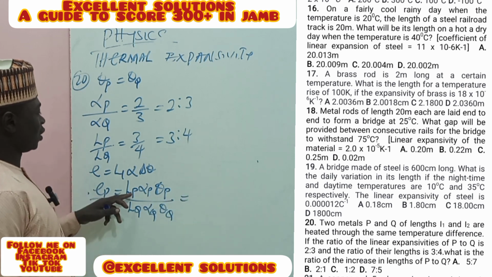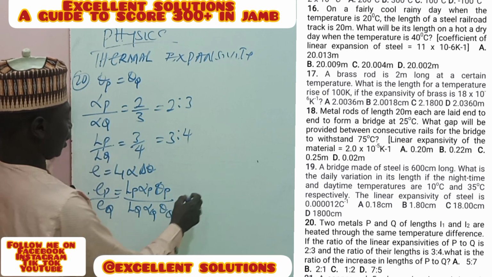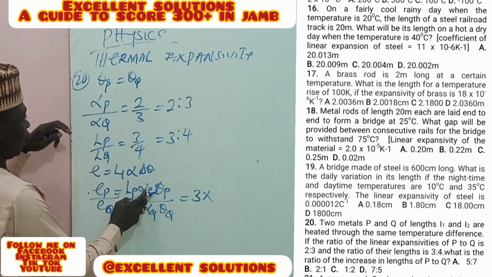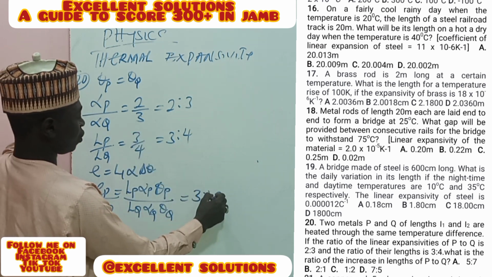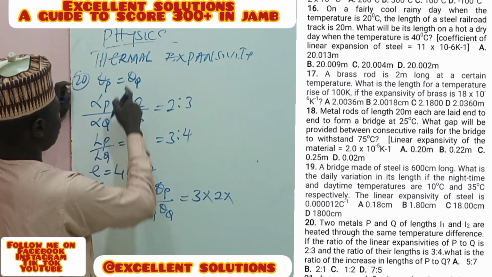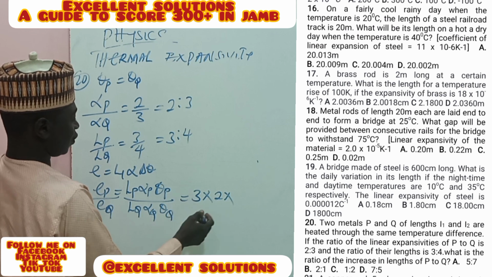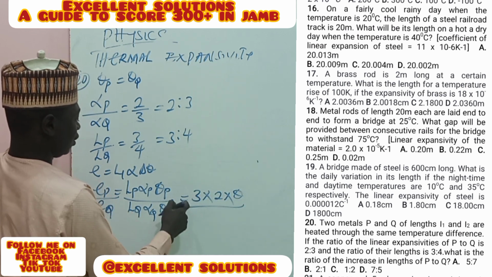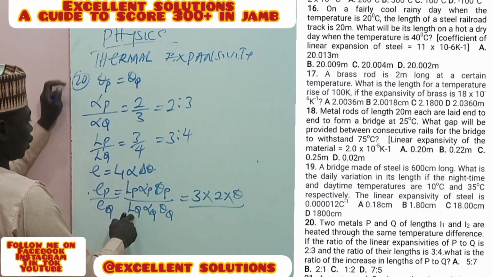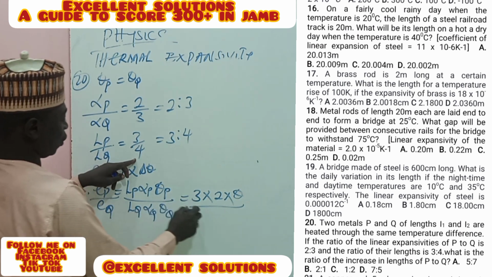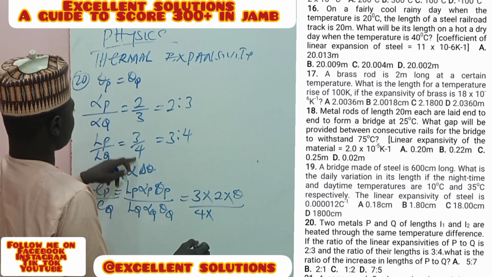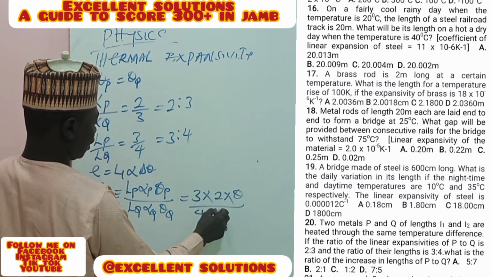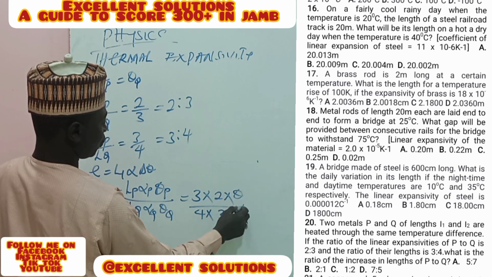So this will now give us LP is 3 times alpha P is 2 times the temperature change, which is the same, over, in this case, LQ, we have 4 times alpha Q, we have 3 times the temperature, which is the same.